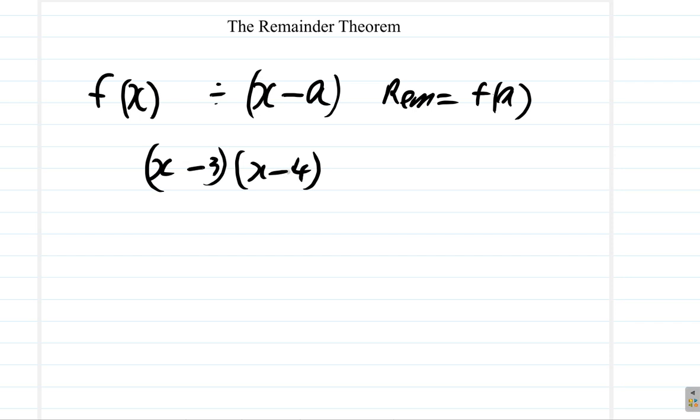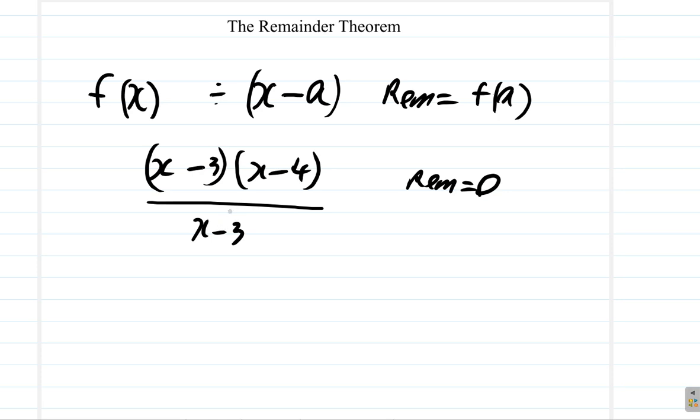Here, if you divide this by x minus 3, what will the remainder be? The remainder will be 0. Now, the remainder theorem says the remainder will be 0. That means x minus 3 will be a factor.